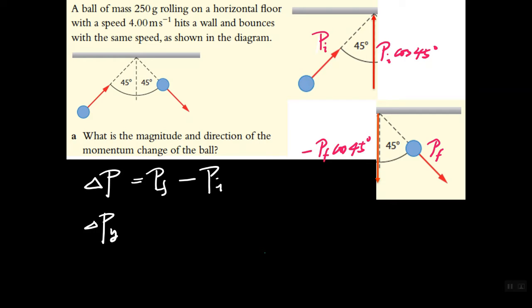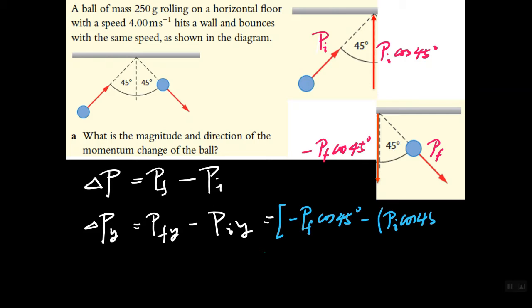Here we are looking at only the y component, which actually contributes to the impulse. That is minus Pf cosine 45 degrees, final momentum, minus initial momentum. Remember, final momentum is in the opposite direction, so it's a minus value. Plug in the values.